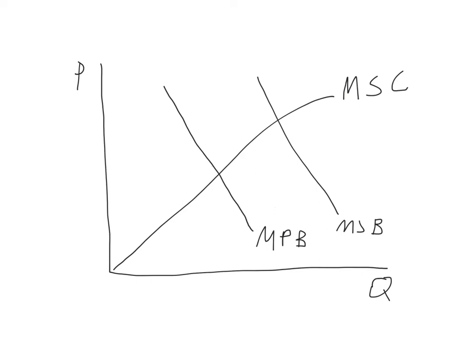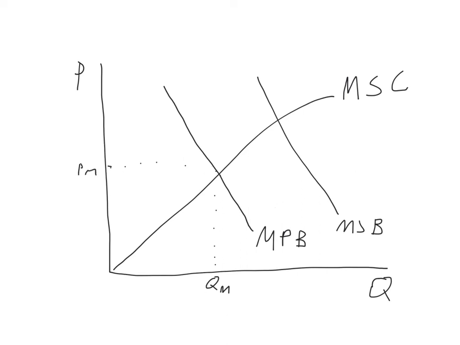Where the marginal private benefit meets the marginal social cost is where the market or world is currently in. So we call this the quantity at the market and the market price.